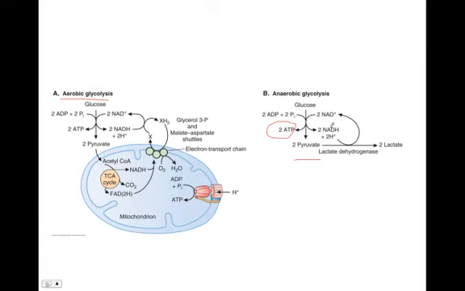Again, the 2 NADH that are generated by the initial glycolytic reaction are reoxidized to NAD+ by the reduction of pyruvate to lactate, and so the net result is only 2 ATP. This is really inefficient for the cell, and it can also generate an accumulation of lactic acid. We'll look at this in a little more detail when we look at skeletal muscle metabolism.